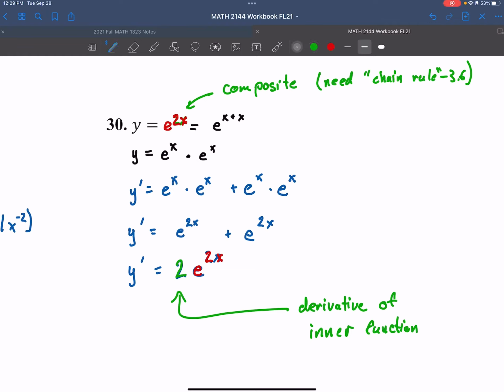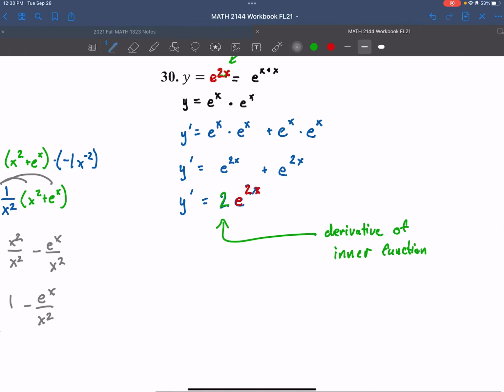I think one of your peers asked me for a shortcut to something like this, from section 3.3, where you have a 3x right here. So what if we have problem 30b, y is equal to e to the 3x. If you recognize that pattern, hopefully you wouldn't need to use the product rule twice.